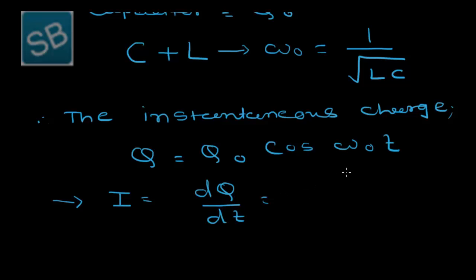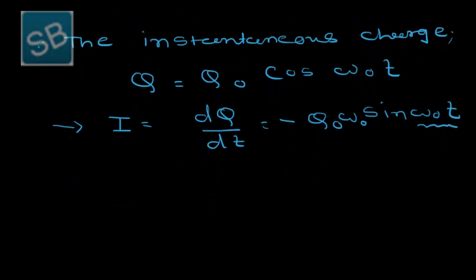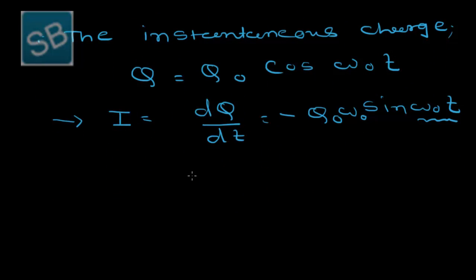So this is basically the differentiation of this cosine function, and we know the differentiation of cosine function is minus sine, and the Q0 will be as it is, and the differentiation of the inner part is omega 0. So the value of I is obtained, and it is periodically changing with time, but we have to show that the value of energy is constant.